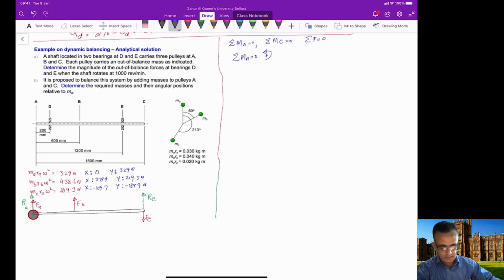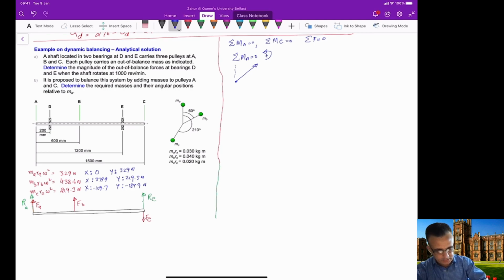If we take the moments for FB, it is going to be in this direction here. So FB times dB, in the direction of the force.